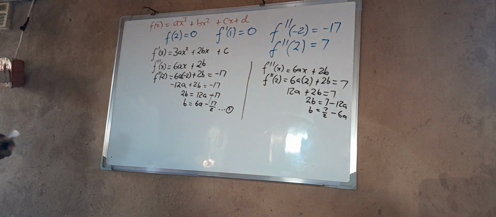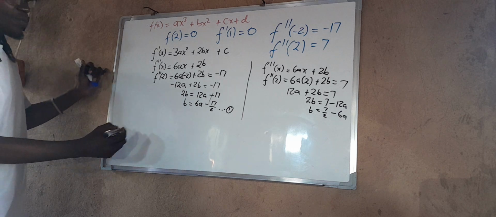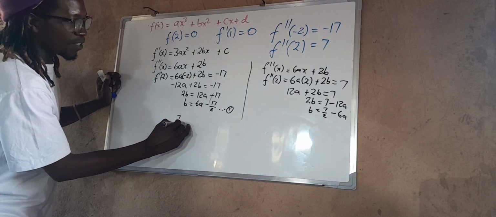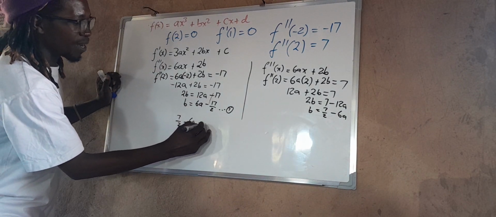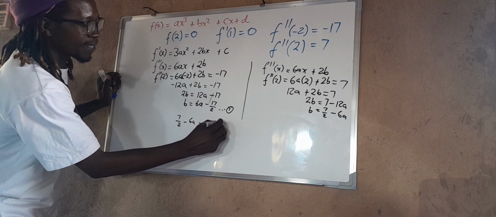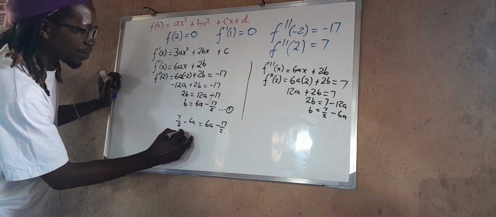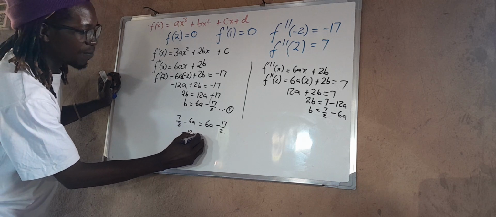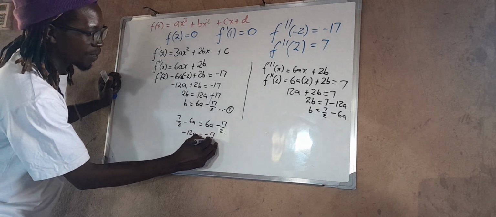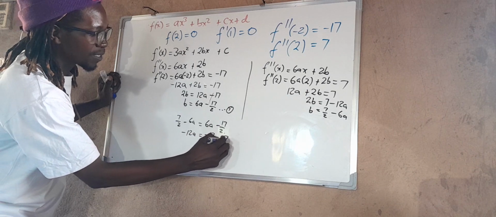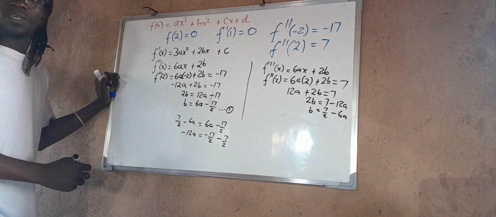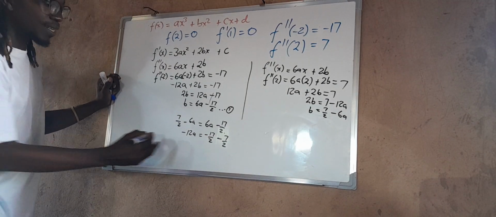Now we can solve it simultaneously, right? So 7 over 2 minus 6a equals 6a minus 17 over 2. We can bring this to this side, so negative 12a becomes negative 17 over 2 minus 7 over 2. It is making sense, right?